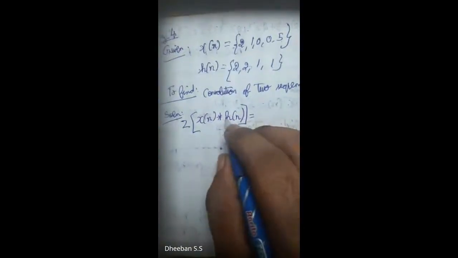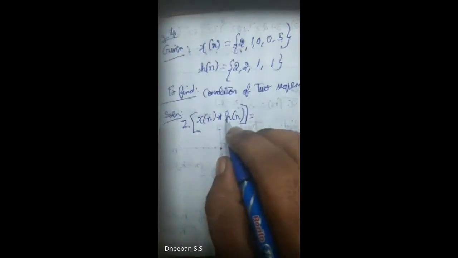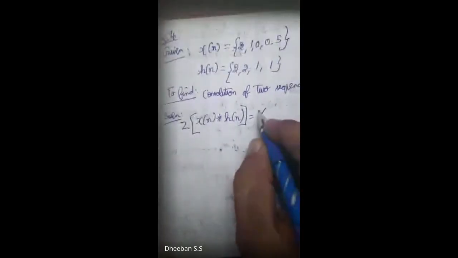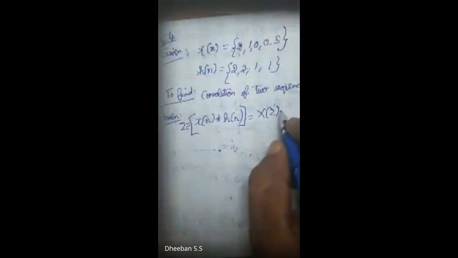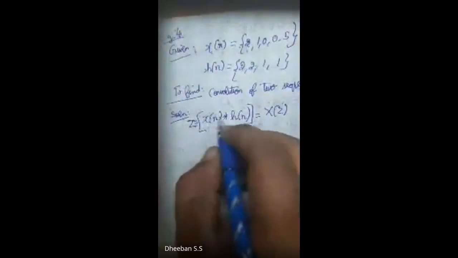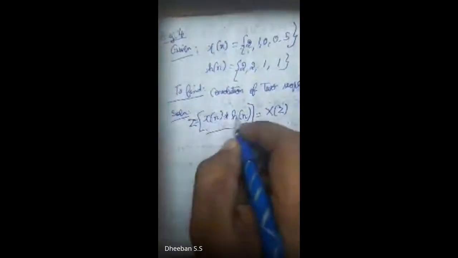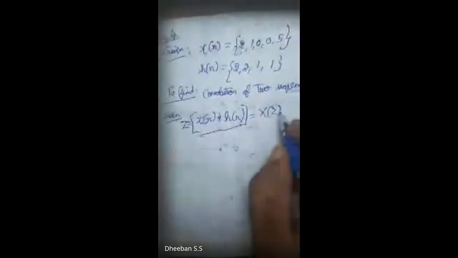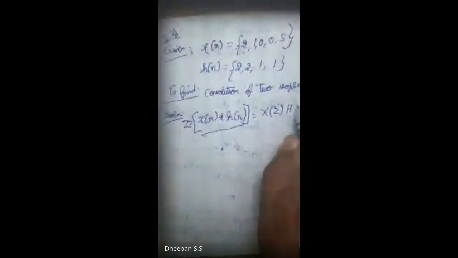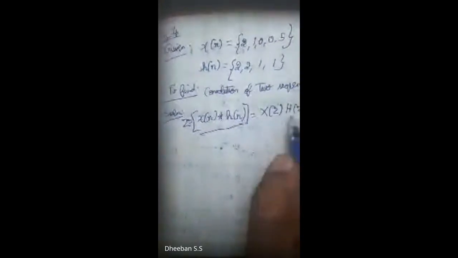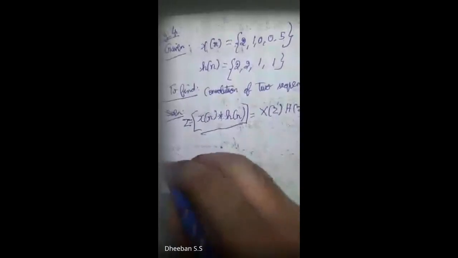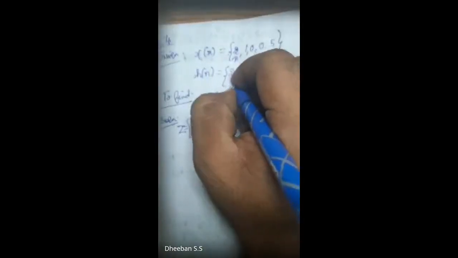In general, convolution means we have to multiply both the signals, X of z into H of z. So now we have to find X of z separately and H of z separately. For both of them they have given the arrow like this.